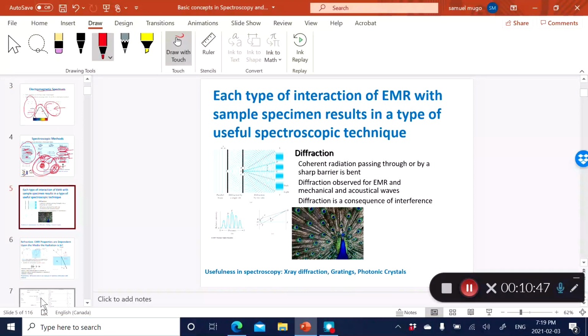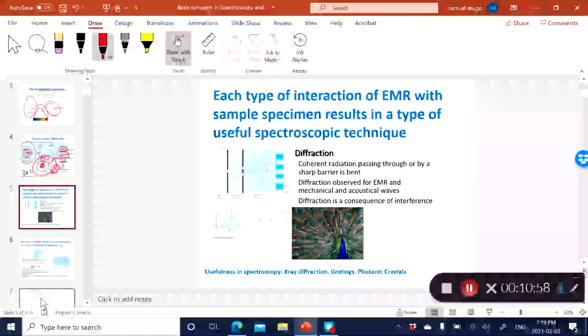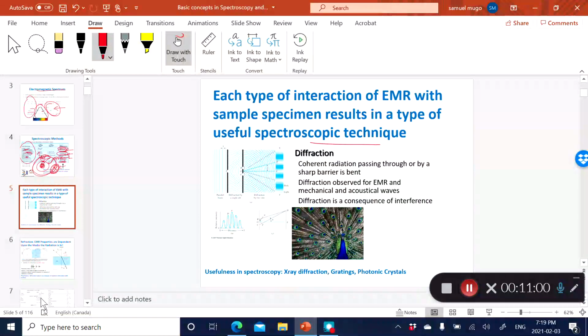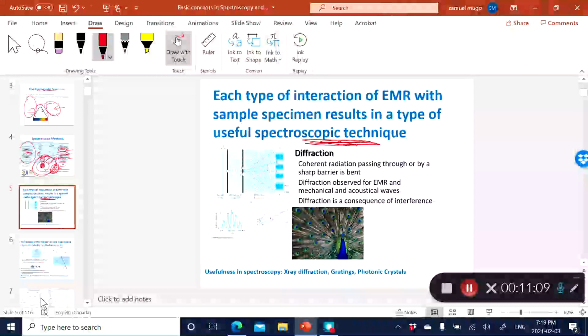Now, it's important for me to remind you of a couple of different behaviors of electromagnetic radiation, which is very, very important, because it determines different types of spectroscopies in terms of the usefulness of that behavior.